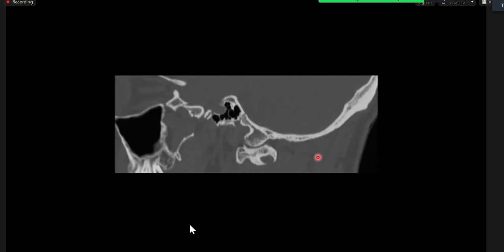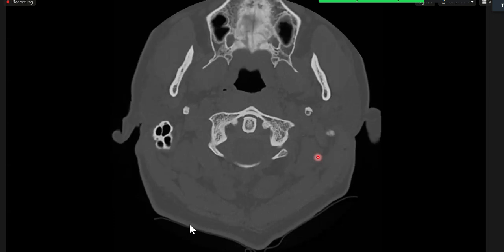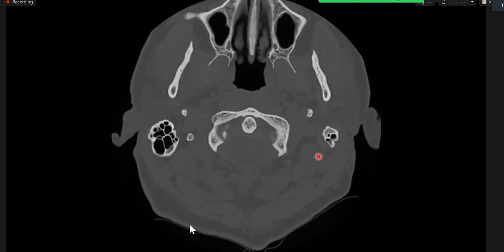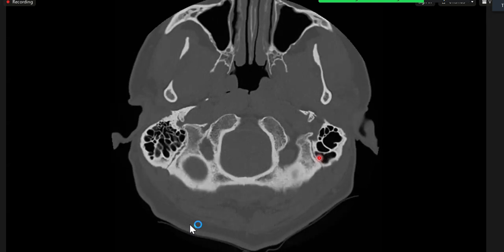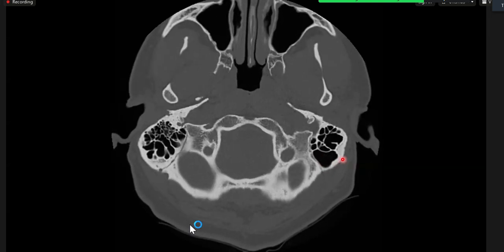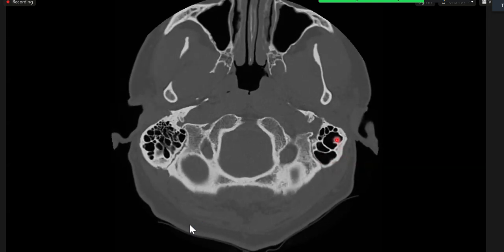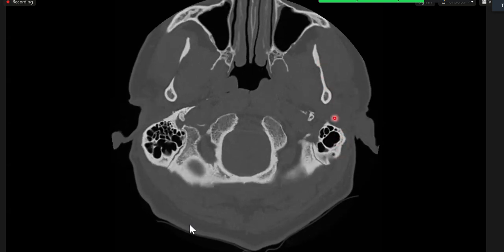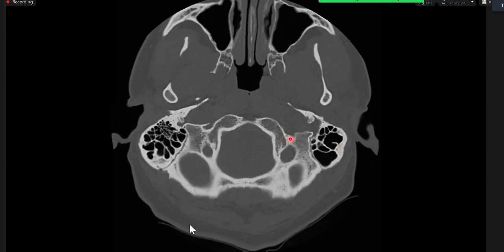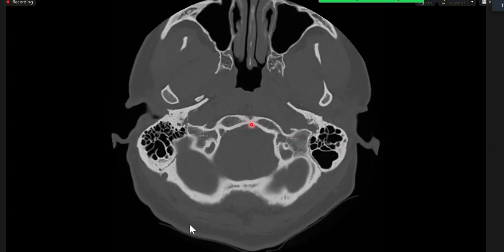Now let's go to a more global view of the temporal bone. We have just concentrated on the facial nerve, right? Now let's have a global view, because in the exam you should have this kind of a view, where this is the mastoid cells, the mandible is sitting here, and here is the clivus.